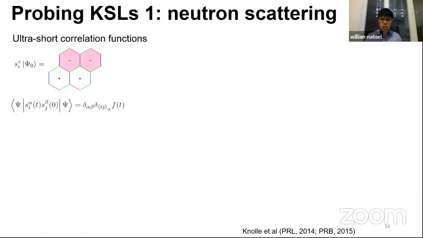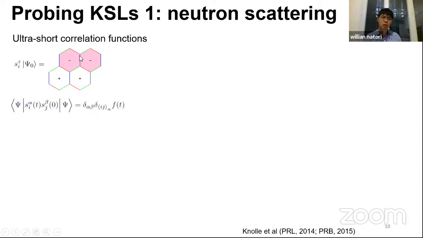And this is due to the fact that every eigenstate of the Kitaev model displays ultra-short correlations. That means all correlations will vanish beyond nearest neighbors. And moreover, these correlations will actually be non-zero only for specific directions.